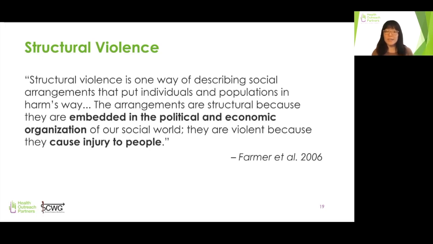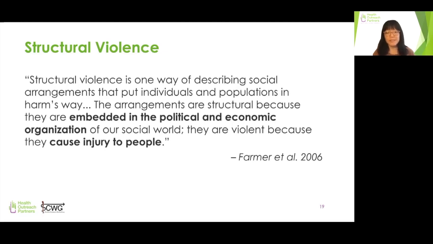These arrangements are structural because they're embedded in political and economic organizations, in the way that we organize ourselves around these political and economic systems of our social world. And they're violent because they cause injury to people.